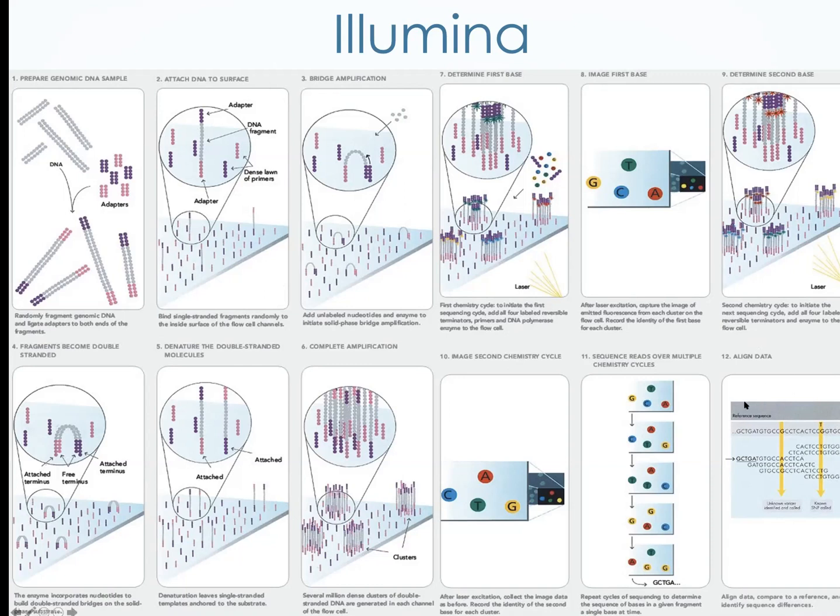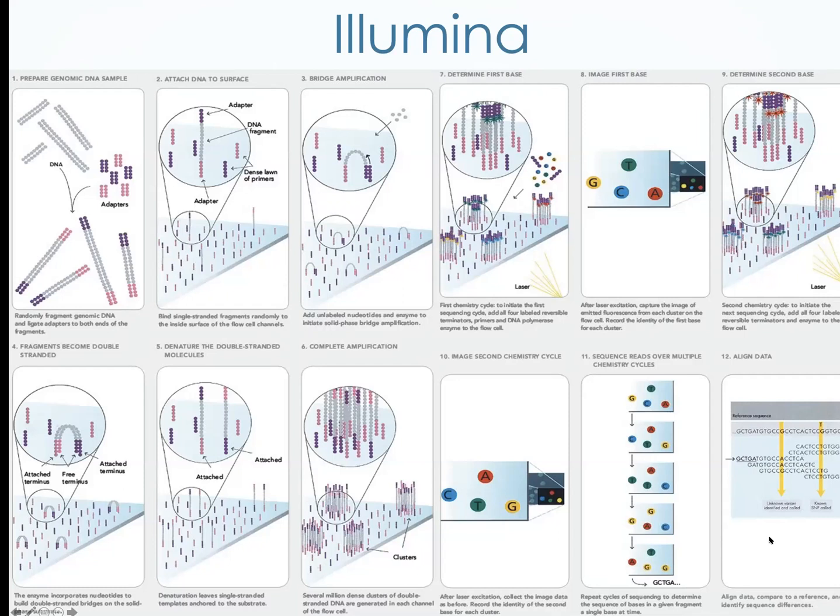And then what you can see here is it gives you these sequence reads. Okay. And those correspond essentially to, oh, so there's that base and that base and that base. And so the computer assembles all of the nucleotides based on the fluorescence. Okay. That's about as far as we need to go with that.